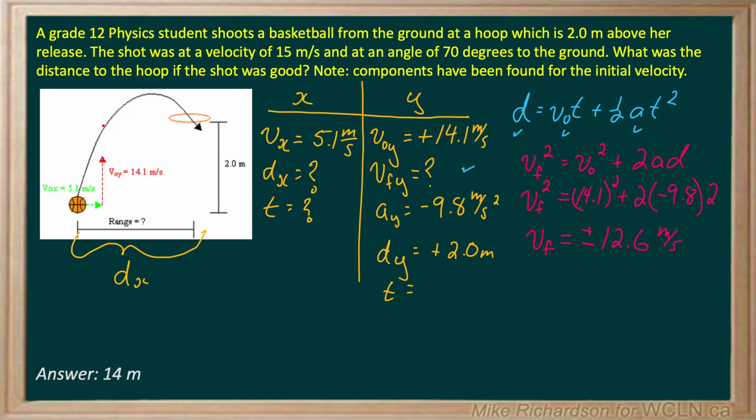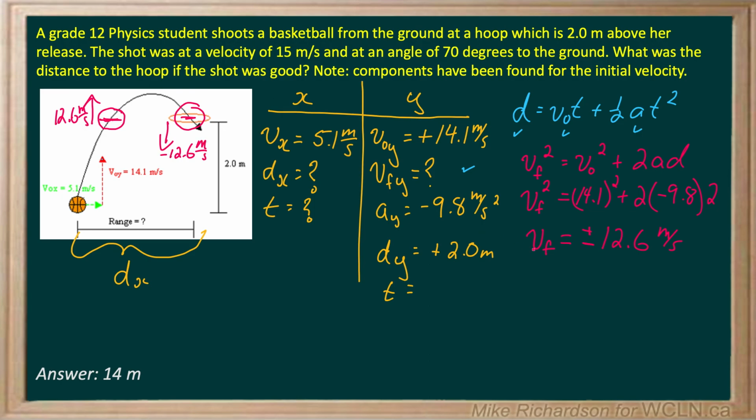If you look at the picture, the displacement is 2 meters at 2 locations. On its way up, it's got a vertical displacement of 2. And since it's on its way up, that would be my positive 12.6 meters per second. On its way down, when it's going through the hoop, that's where my velocity is 12.6 meters per second in the negative.